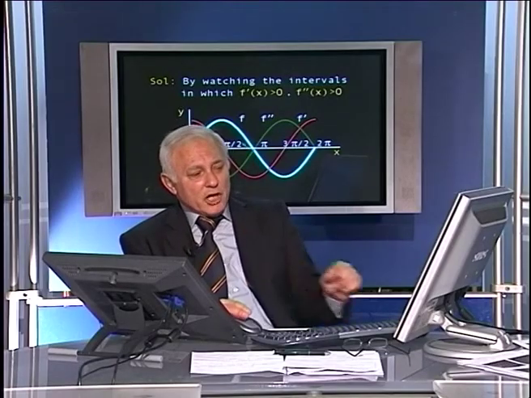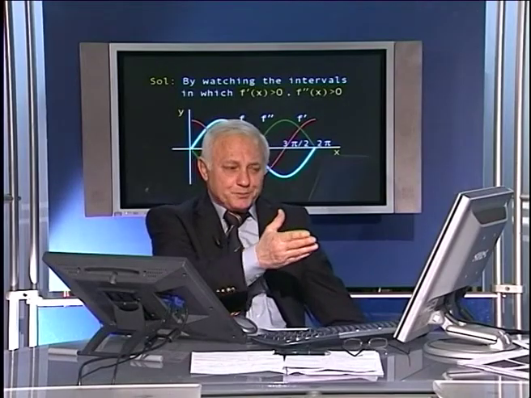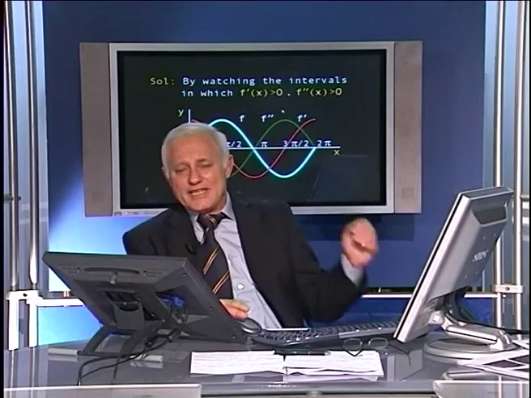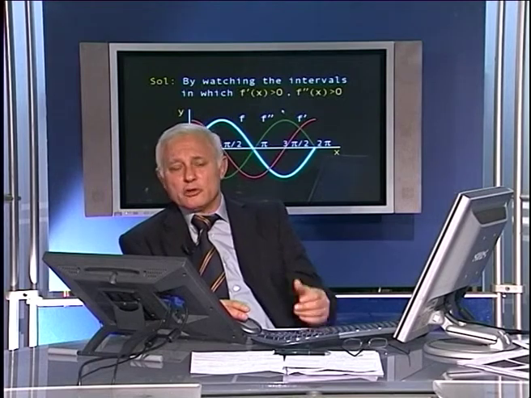And at this point, your f dash is minimum or maximum, because here is your f dash. You see here f dash is minimum at the same point at which you have an inflection point. It is exactly the curve you saw when you drive your car on a road.